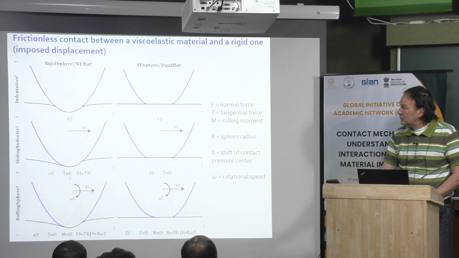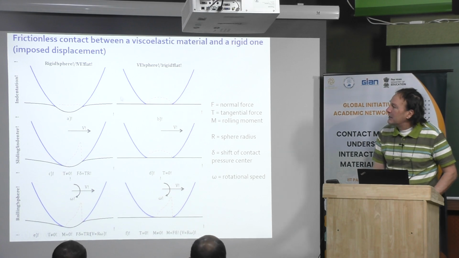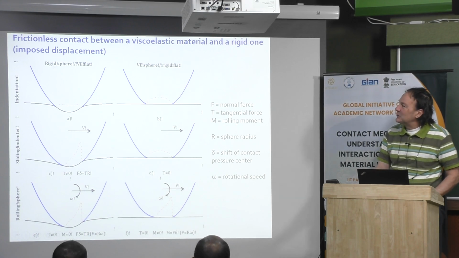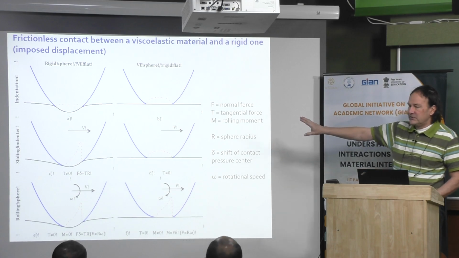Then you have two columns. The first one is a rigid sphere on a viscoelastic flat. The blue one is the sphere, and the black one is the viscoelastic material. The sphere is rigid. In fact, this is the result of a simulation.